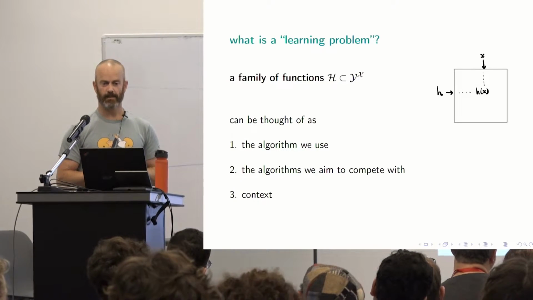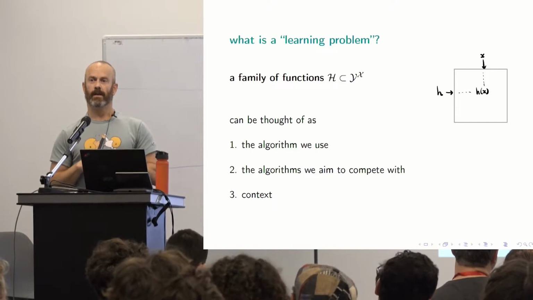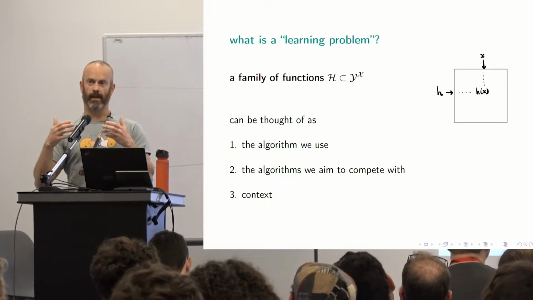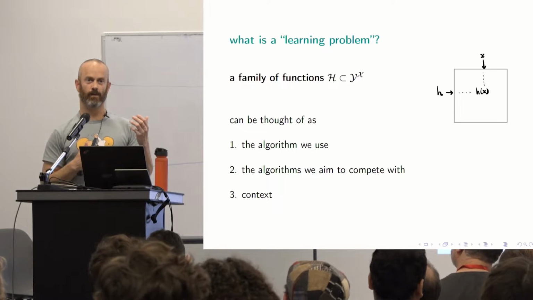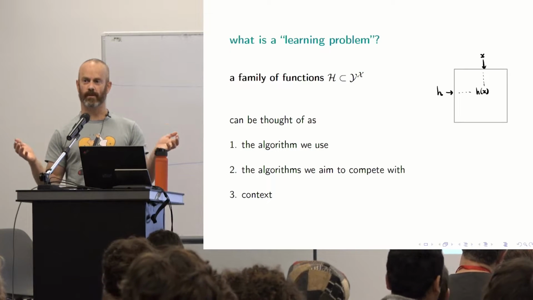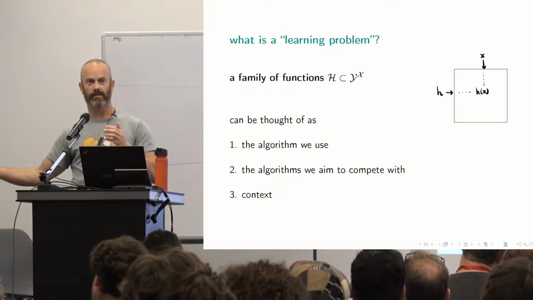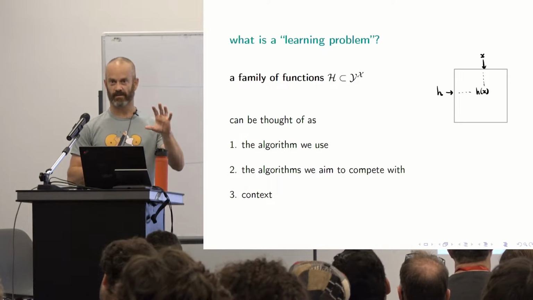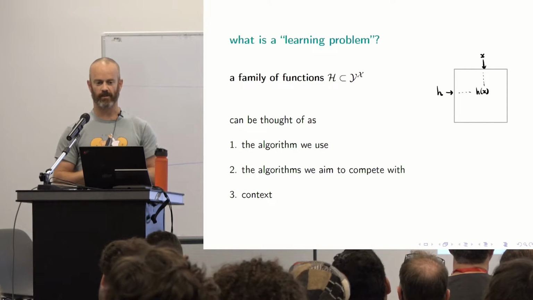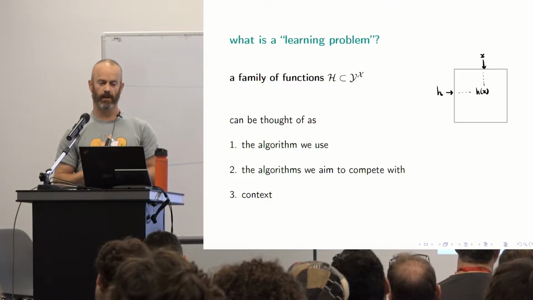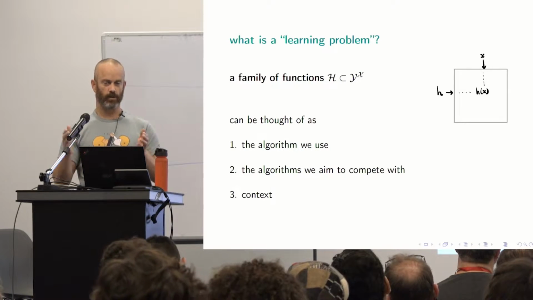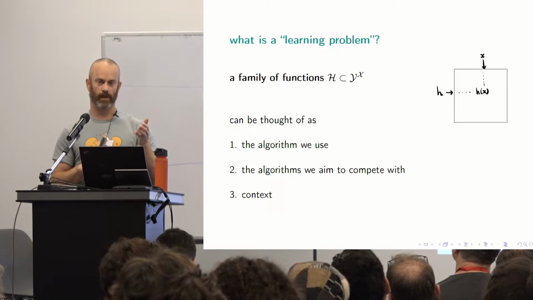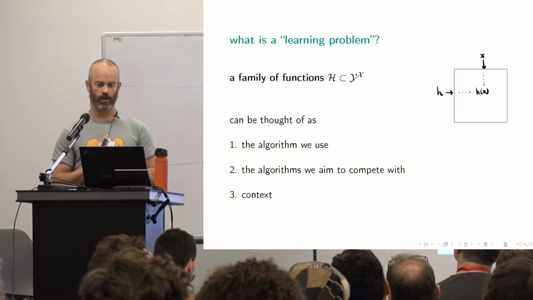And the third perspective on H is not about the output of the algorithm, it's about the way the input is collected. So we can think about H as the context of the problem, where the data is coming from. So these are three different perspectives on the same object, which is just a set of functions. And you can choose whichever perspective you wish. I'm not going to talk more about this.